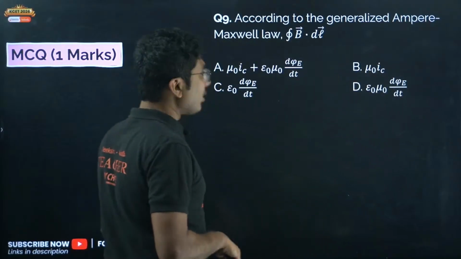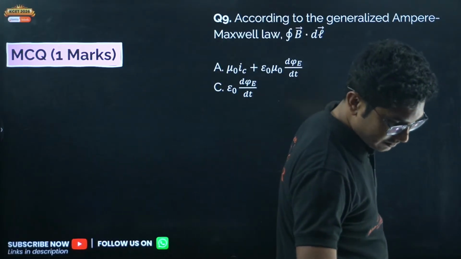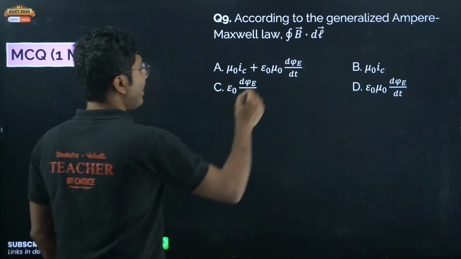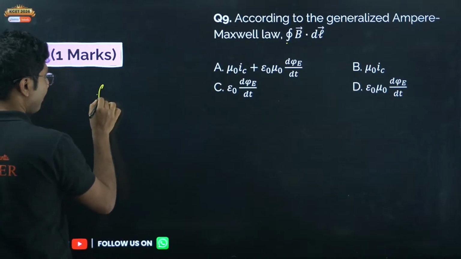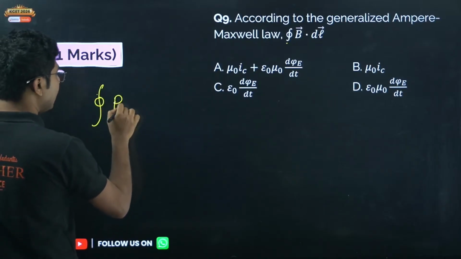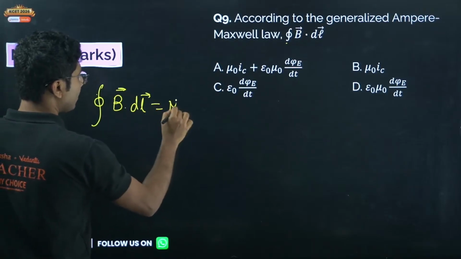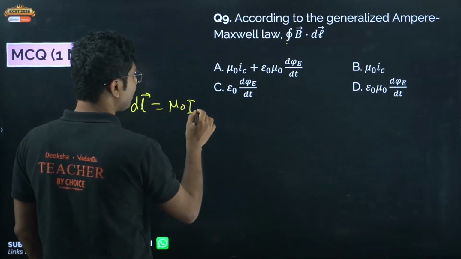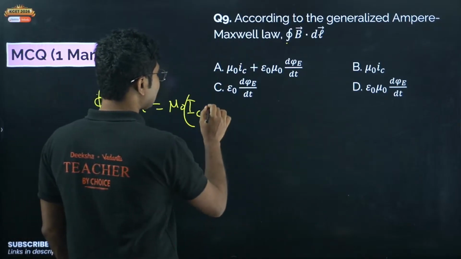Yes. Now, what about this question? Question number 9. Remember that from Ampere's law, B dot dl was given by mu naught I. Now, when Maxwell came into the picture, he called this current the conduction current, and he said that conduction current is not alone.